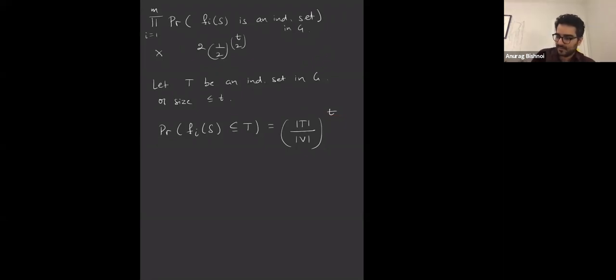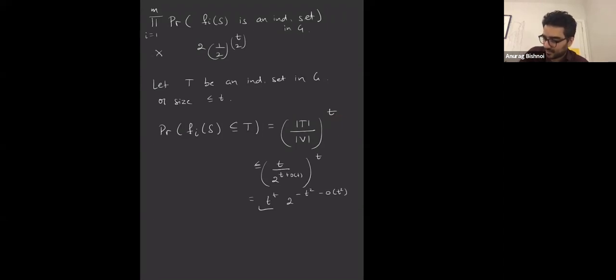Okay. But then this is less than or equal to t divided by 2 to the t plus little o of t, raised to the power t. So this is equal to t to the power of t, times 2 to the power of minus t squared minus o(t squared).